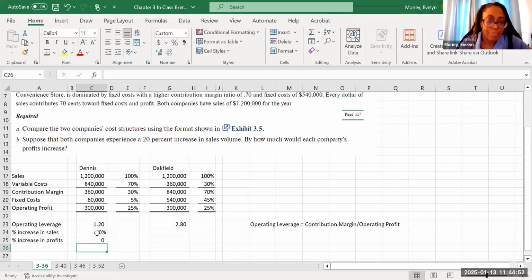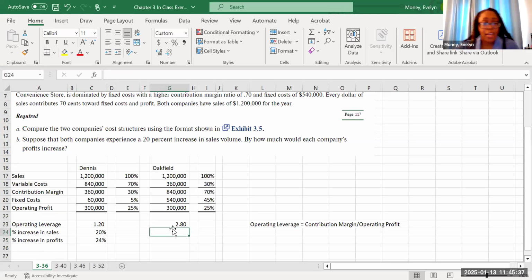And I got all excited I forgot to format it as a percentage. So what does this mean? If we increase sales by 20%, we're going to see a 24% increase in profits. You can do an entire contribution margin income statement and confirm that this 24% is actually going to happen. Or we can just simply use the 24% increase in profits dealing with our old profits and find our actual new amount of profit.